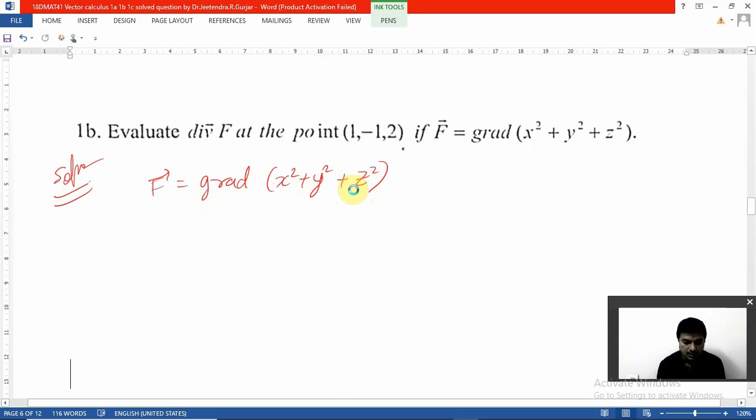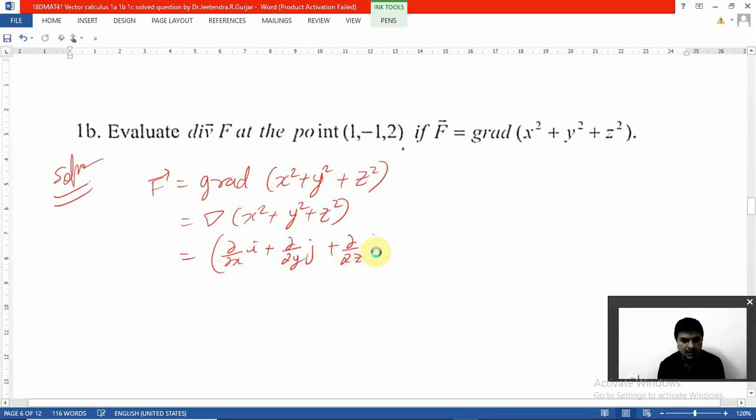Please remember, gradient is nothing but del of x square plus y square plus z square. Please remember what is del. Del is nothing but dou upon dou x i plus dou upon dou y j plus dou upon dou z k into x square plus y square plus z square.